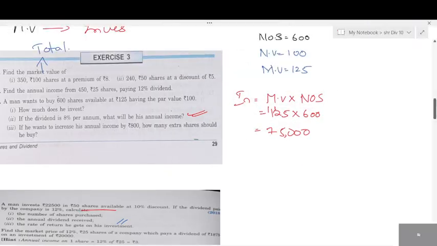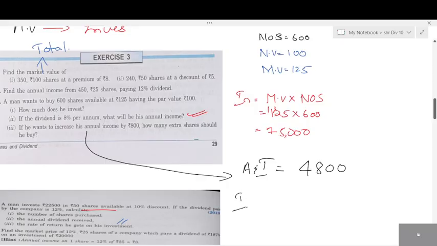The third part: he wants to increase his annual income by 800. So what's his annual income at present? Can you unmute and tell me what annual income we got? 4,800. So at present annual income is 4,800.